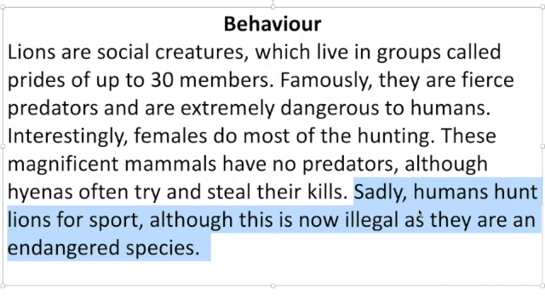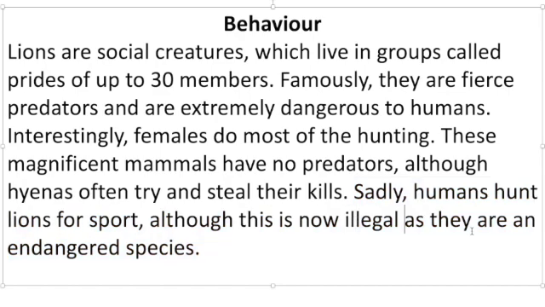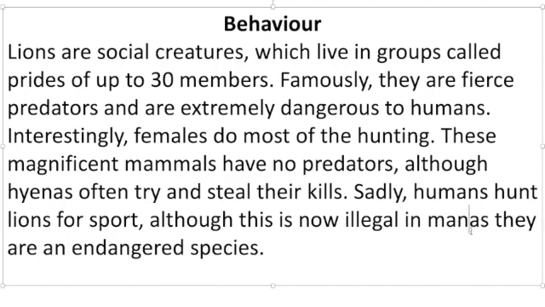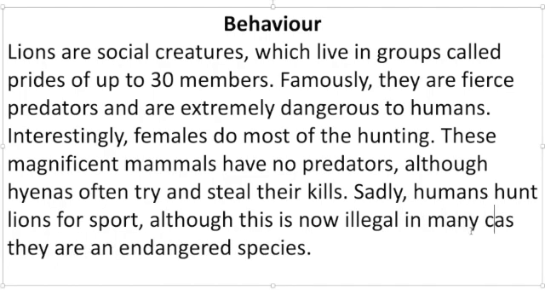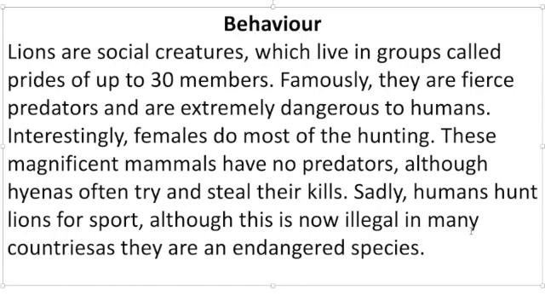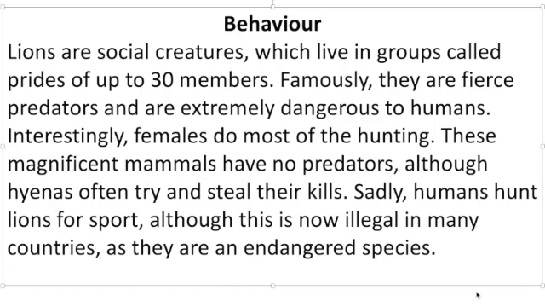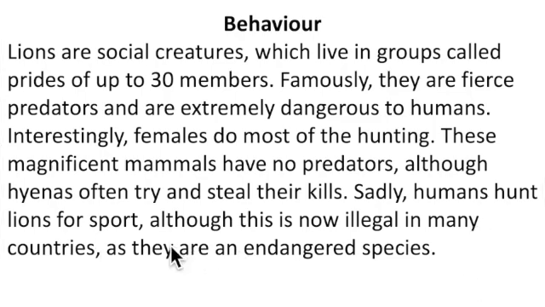Sadly, humans hunt lions for sport, although this is now illegal as they are an endangered species. Now, actually, it's not illegal in all countries. So I'm going to say in many countries. And as they are an endangered species is a subordinate clause, so we've got a comma.